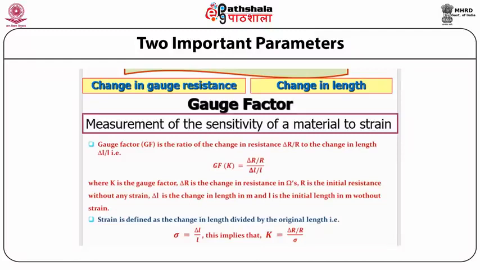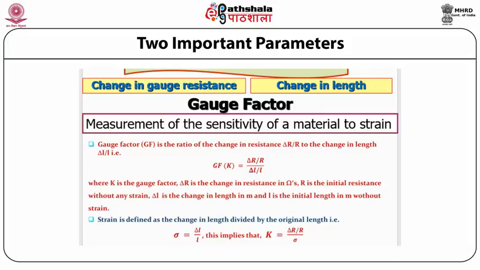So students, there are two important parameters: the change in the gauge resistance and the change in the length.